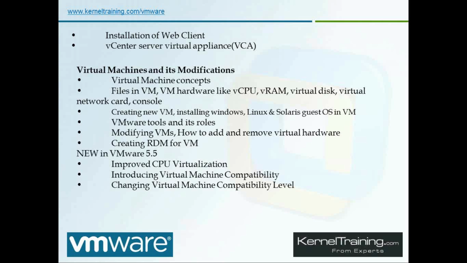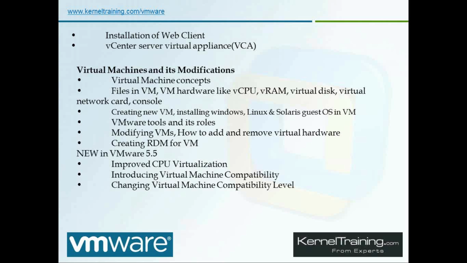Whenever you take a snapshot, it will have the extension .vmsd, and .vmsn is the state of the virtual machine. Whenever we take a snapshot of a virtual machine, it stores the state in the .vmsn file. Whenever we suspend a virtual machine, the state is stored in the .vmss file. .nvram contains the BIOS information. And the next file is the .vswp, which is a swap file.